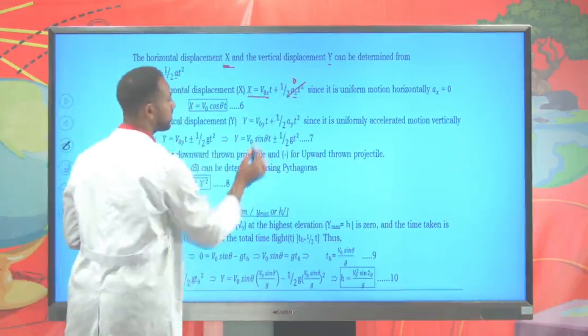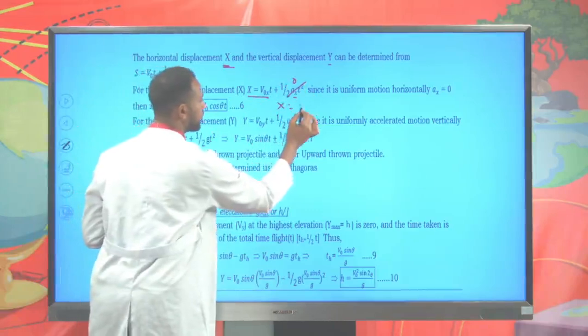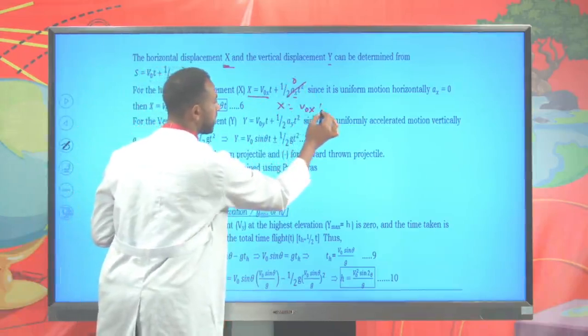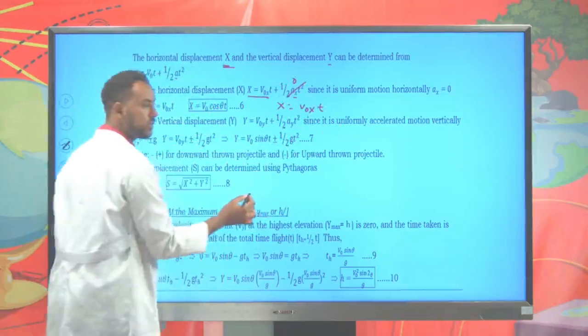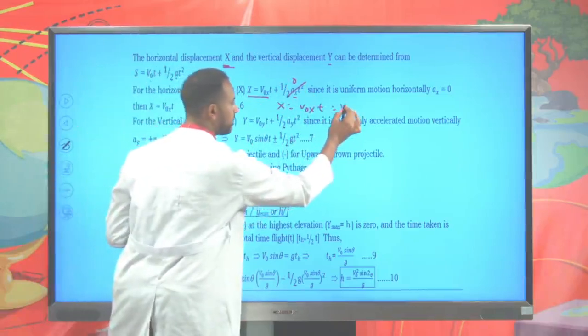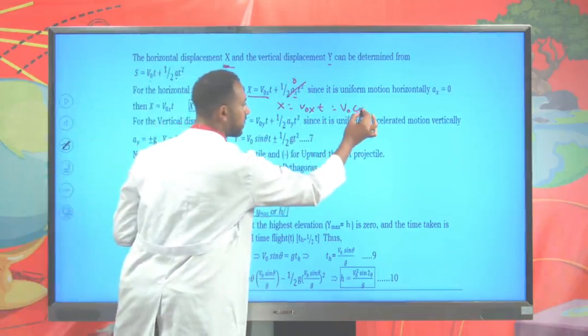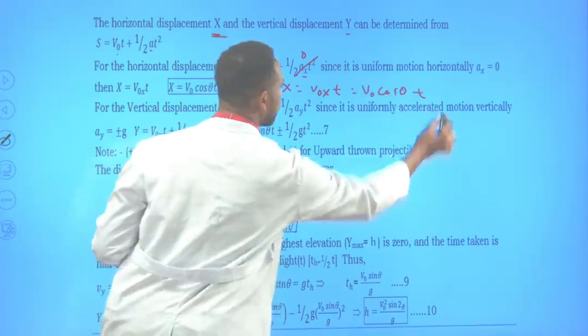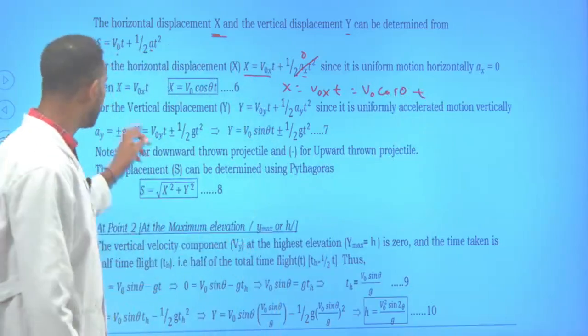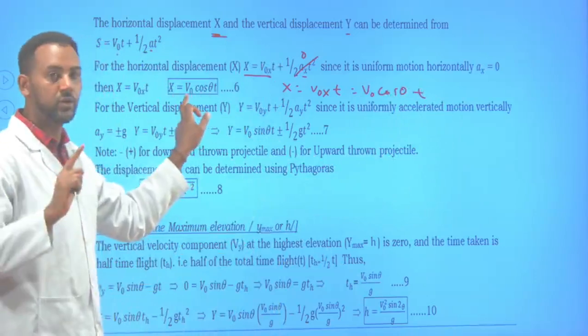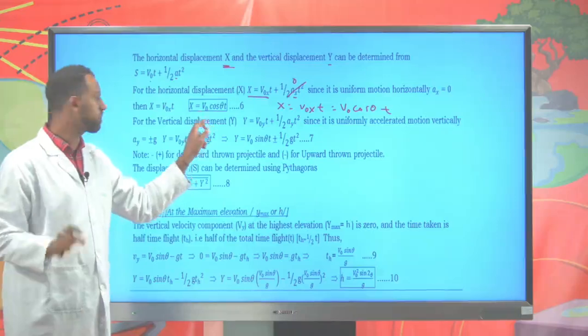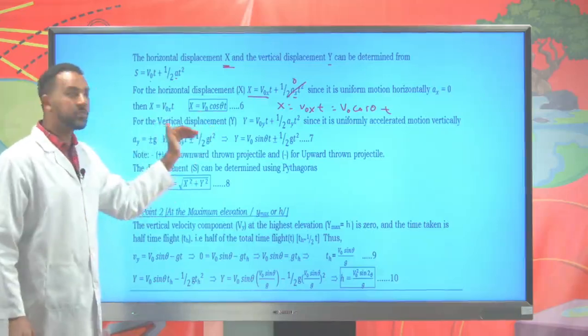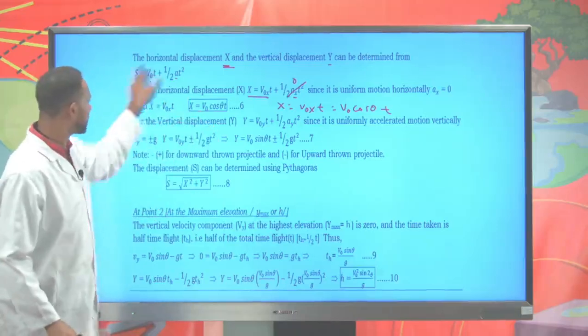Therefore, the horizontal displacement is x equals v naught x times t. And we know that the initial velocity component is v naught cosine theta, times the time t. This is how we determine the horizontal displacement.